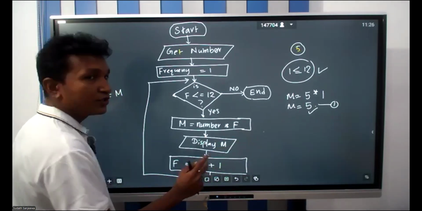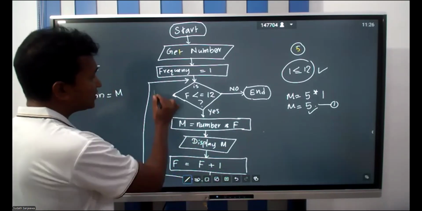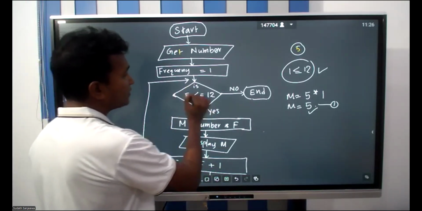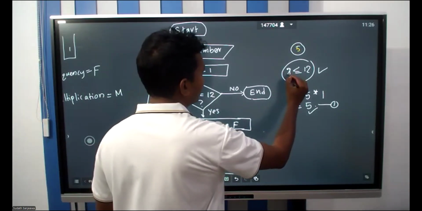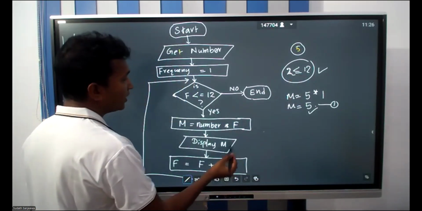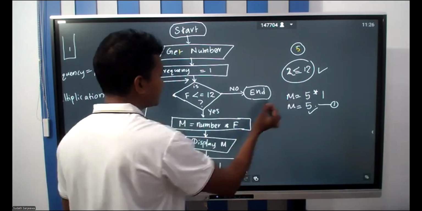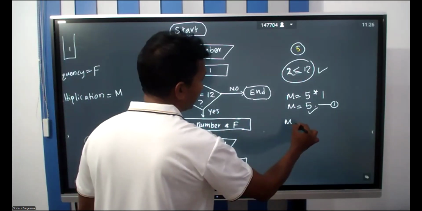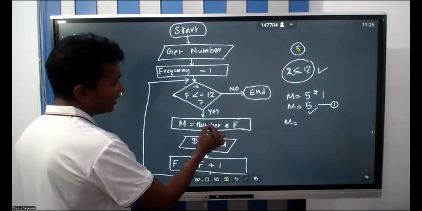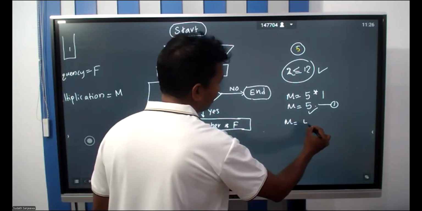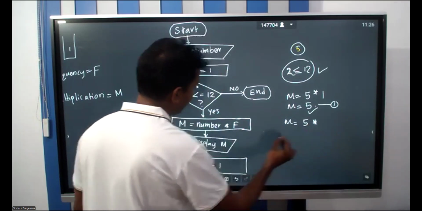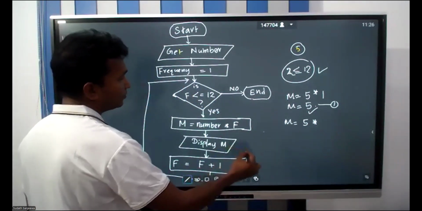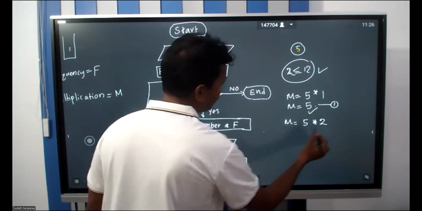Now frequency is 2. Again we come to this place. f is 2, less than or equal to 12, yes. Then we come here and calculate m. m is equal to the input number 5 multiplied by my frequency, which is now 2.